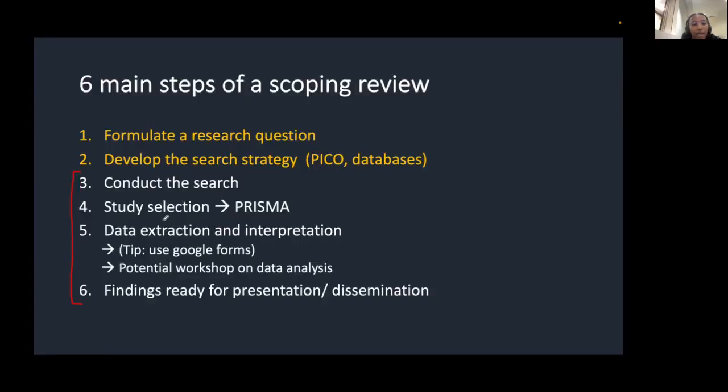Once you have a set of studies that is relevant to your research question, and you don't have any reason to exclude them, a reason to exclude would be that they don't answer a specific part of your question. They could be on breast cancer but not necessarily on screening, so it could be on management.